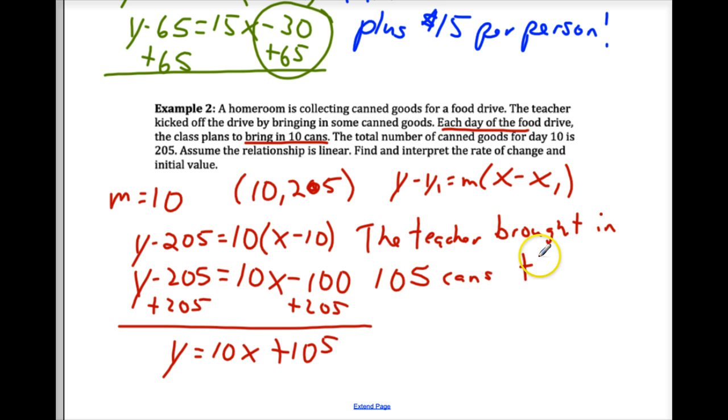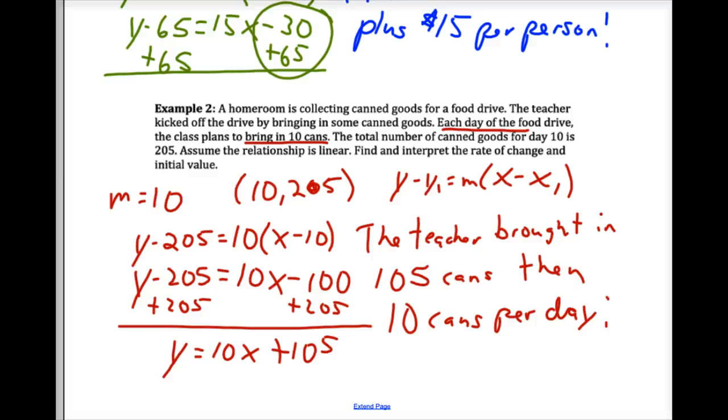Then 10 cans per day. After 10 days, guys, do we have 205 cans? Yep. Makes sense. 10 cans per day, 10 days, that'd be 100 more cans, plus the 105 that the teacher brought in to begin with, you got 205 cans.